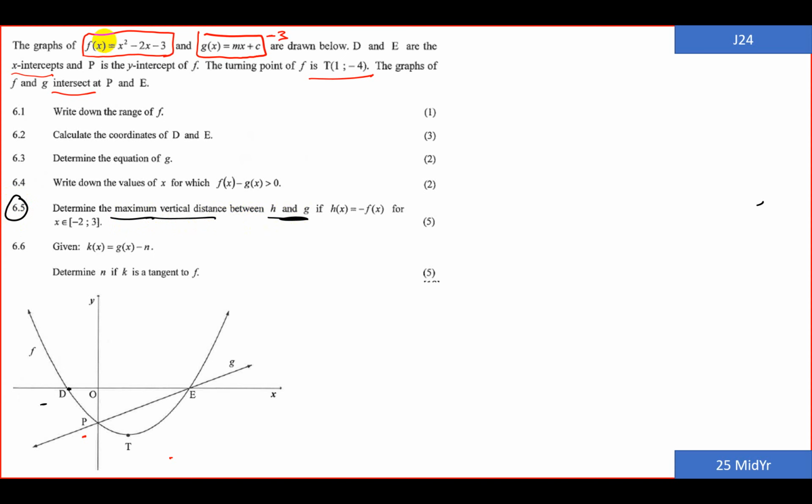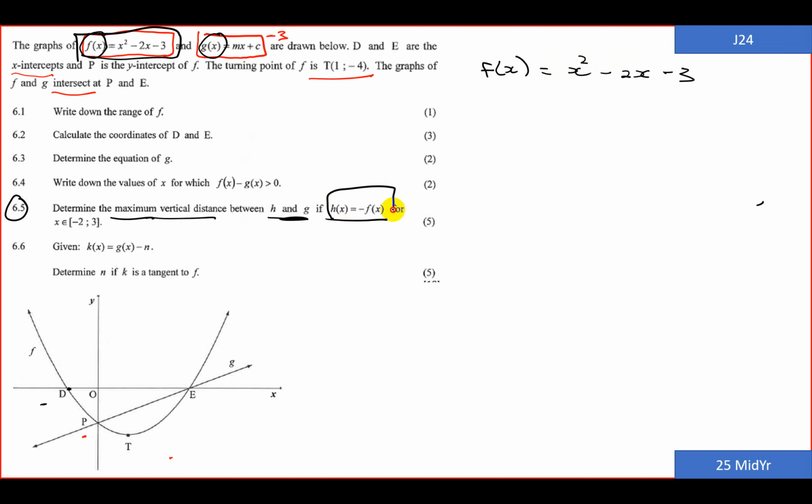Now if you look at the top, the graphs given are f and g. So we know g, but we don't know h. But then they tell us that h is the negative of f of x. So if we take the graph of f of x, which we have, as you can see, that's a given equation, which is equal to x squared minus 2x minus 3.